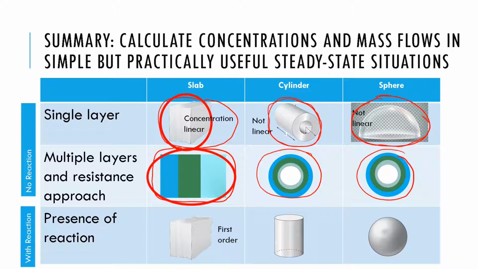We then did presence of reaction. So all these others were with no reaction. Now it's presence of reaction in single layer for a slab. We did this for a first order reaction, and actually it's first order elimination, so it's a negative term for the generation.